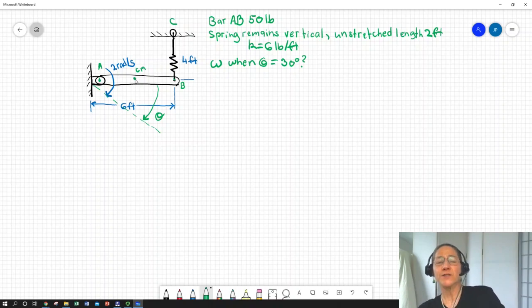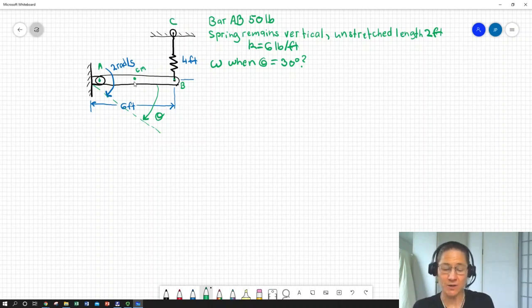So we do have a change in position of the center of mass of the rod. So we could represent the kinetic energy of the rod in terms of a circular path change of the center of mass, position change of the center of mass, plus some kind of rigid body rotation.